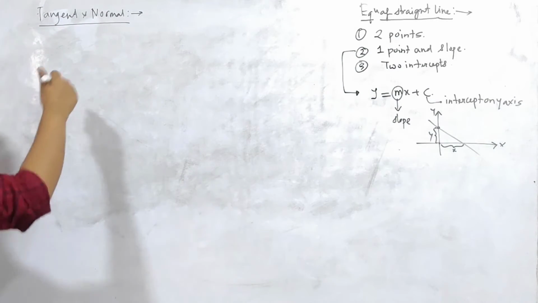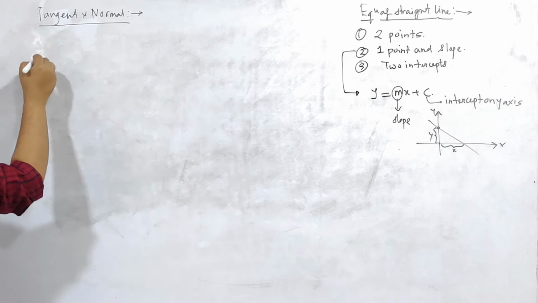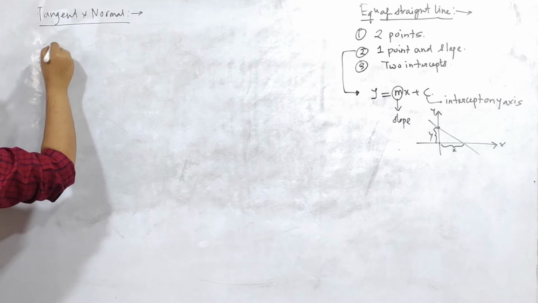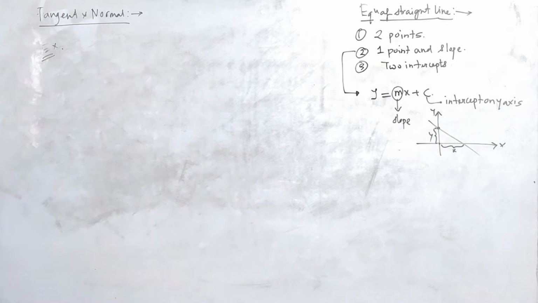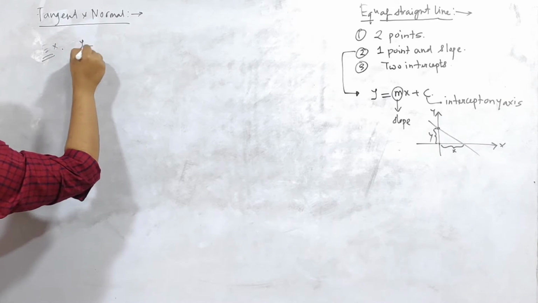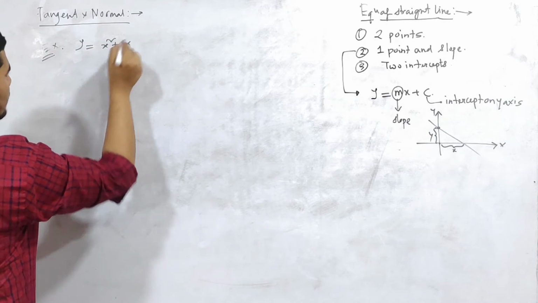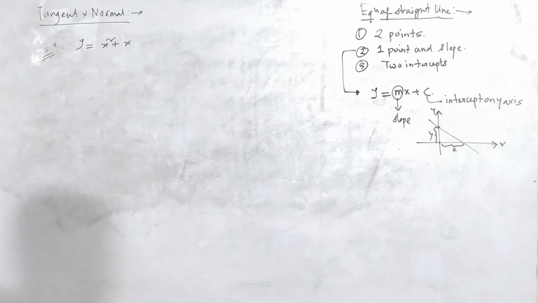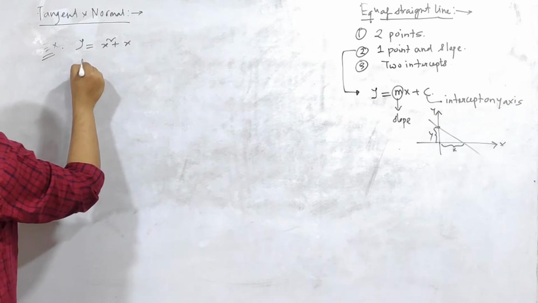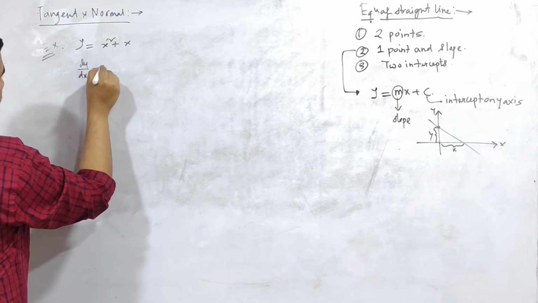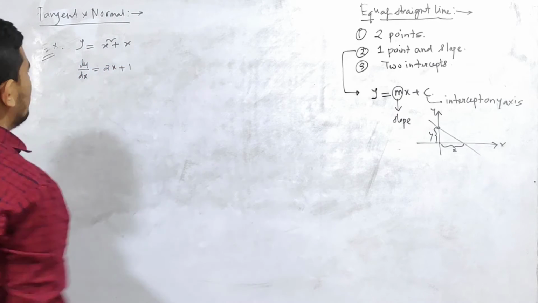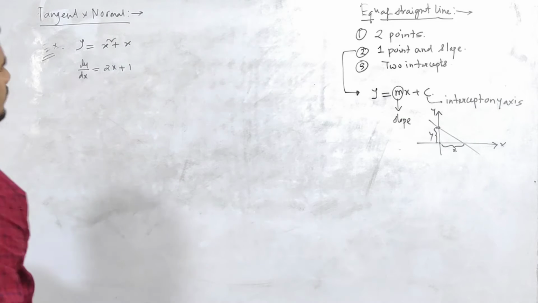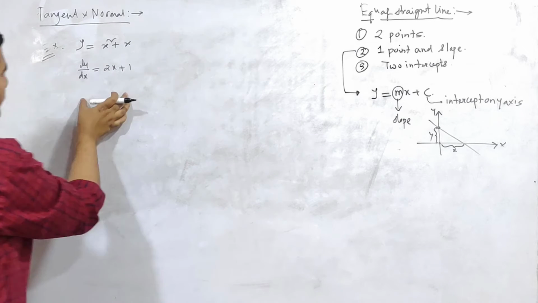Now to determine the slope, let's take an example. Let's suppose this is an equation, y equal to x square plus x. First of all I will take the derivative of this function, and I will get 2x plus 1. Now this is the slope.